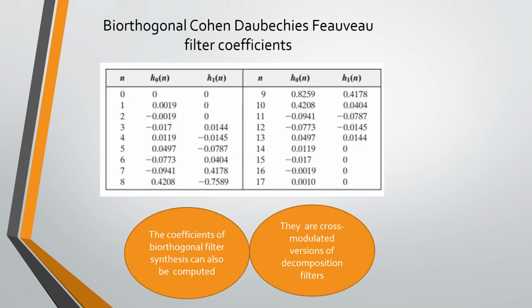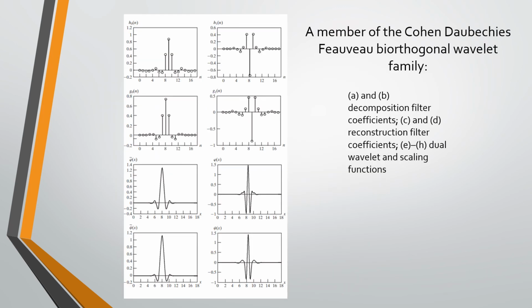Now let us see the biorthogonal Cohen-Daubechies-Feauveau filter coefficients, which are shown in tabular form. The coefficients of the biorthogonal filter synthesis can also be computed. They are cross-modulated versions of the decomposition filters. Now, this figure shows a member of the Cohen-Daubechies-Feauveau biorthogonal wavelet family.